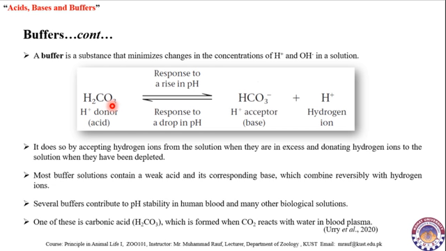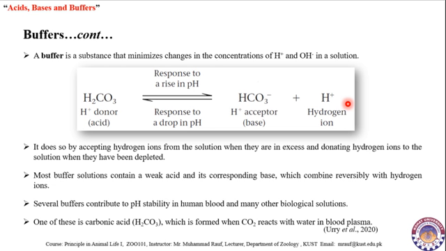When a base is added, then what will happen? This reaction will move in the forward direction, and more hydrogen ions will be produced, which will bind with the hydroxyl ions contributed by the base, and water will be produced.